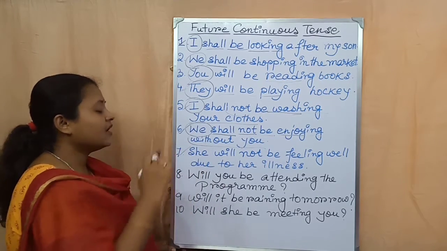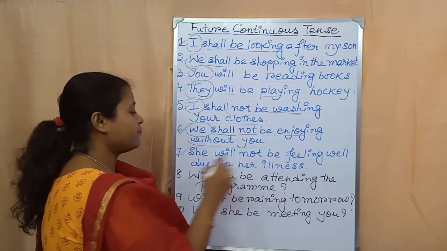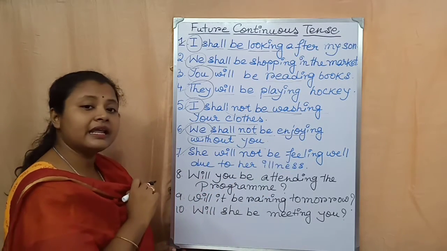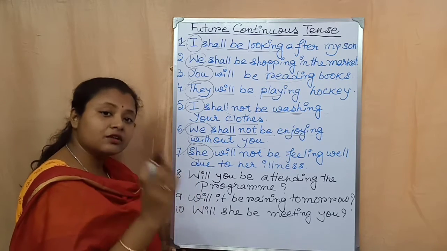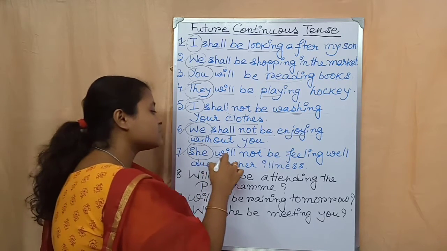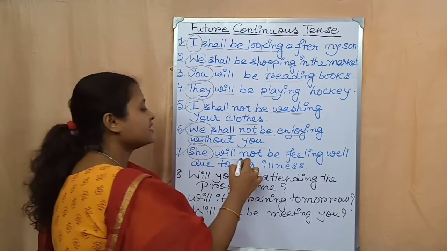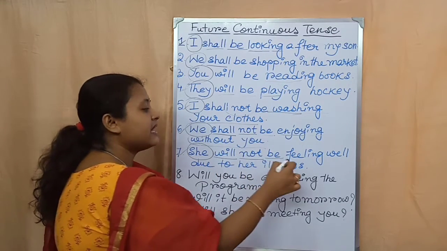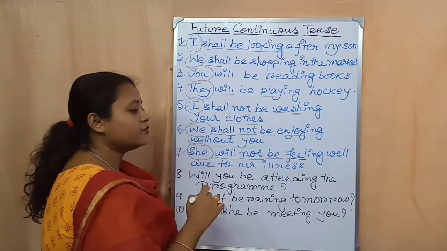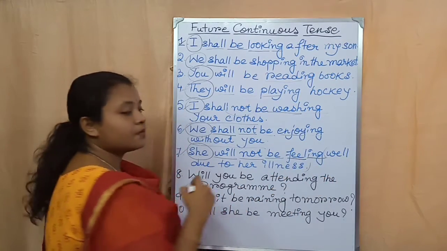Now come to the seventh example. She will not be feeling well due to her illness. So she, it is a third person, singular number. After that, the auxiliary verb that I have used here, will. After that, not. Then be. Then the present form of the main verb plus ing, then the object.